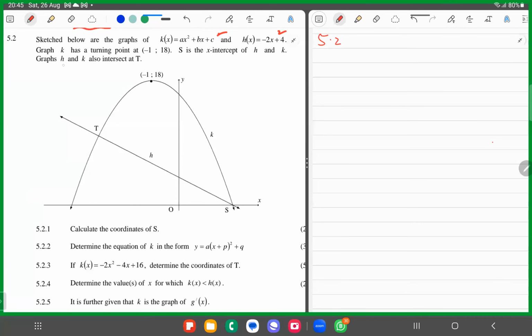Graph K has a turning point at (-1; 18), and S is the x-intercept of H and also of K. So S is here. It is the x-intercept of the two graphs because both graphs cut the x-axis at the point S. Graphs H and K also intersect at T. T is the point of intersection of the two graphs.